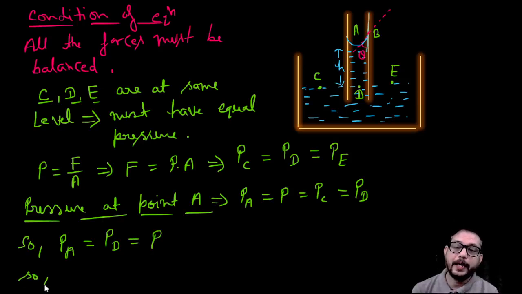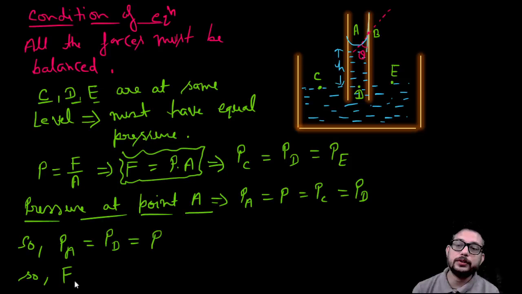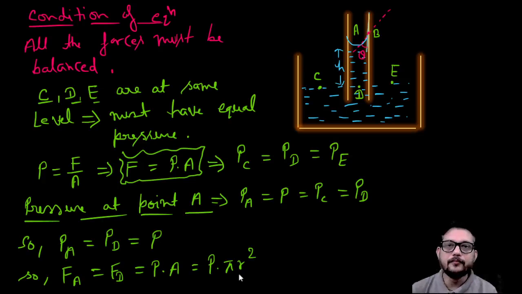So by using the formula F equals P into A, the force at point A must be equal to the force at point D, and that will be P into A. And what is A? A is the area of the capillary tube, so it will be pi r squared.